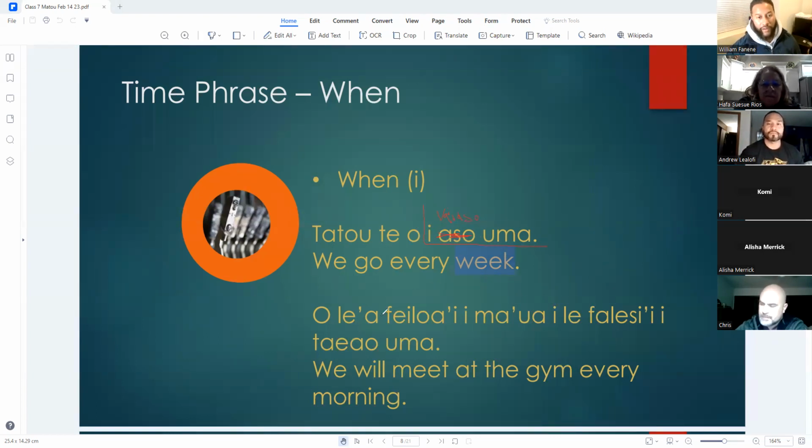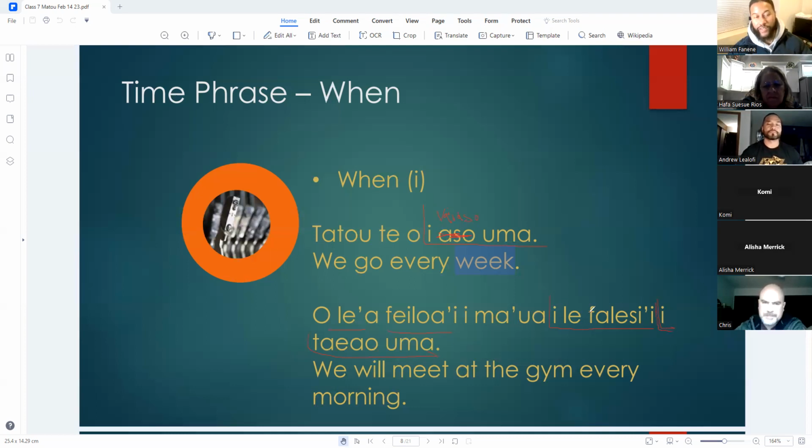Okay. Olea feluai i ma'ua. So we, and then we'll meet. And then our location is going to be Ile Falesi'i. So at the gym, and then I Tayauma. Okay, so this would be like when it's going to happen. So this one right here is Ile Falesi'i. So this is our location, but then you see another E. Okay, so this is when it's going to happen.